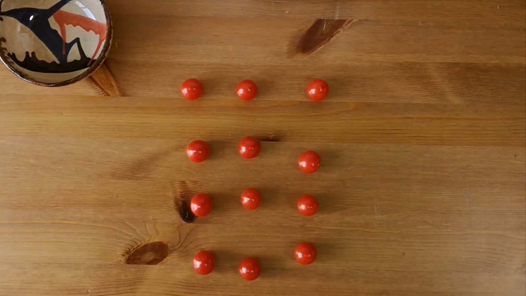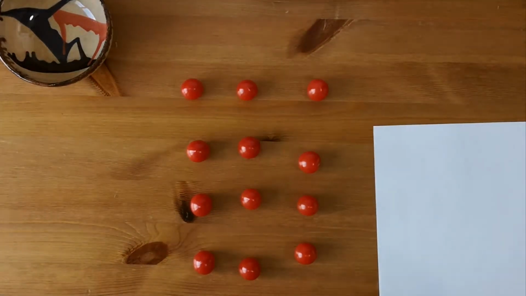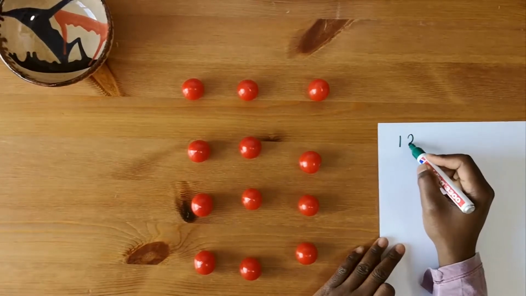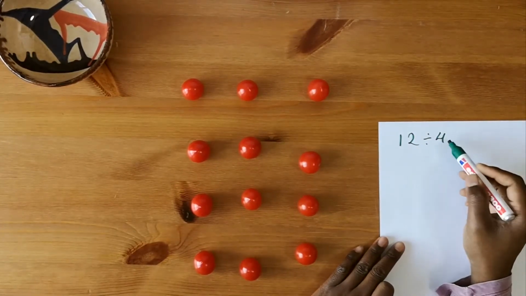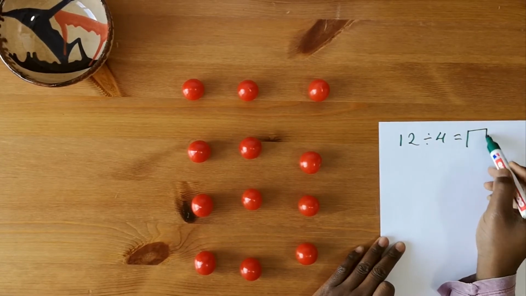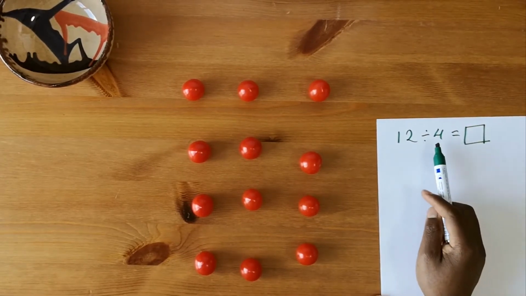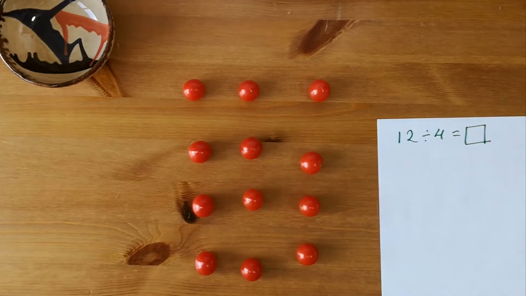All right, let's divide these 12 tomatoes by 4, right? So now you know I need to make groups of 4.